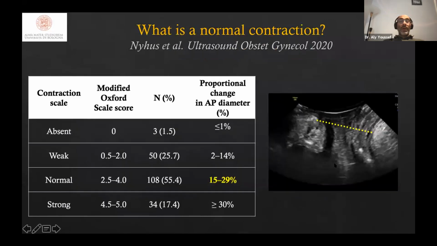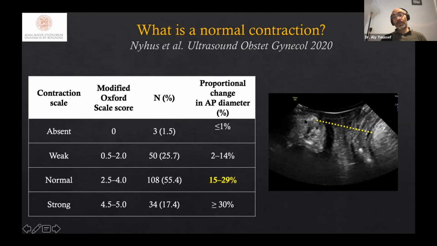And very recently, finally, we had a classification of normality. So what is a normal pelvic floor muscle contraction? We now know that when you ask a woman to contract her pelvic floor, in case of a normal contraction she should be able to reduce the anteroposterior diameter of the levator hiatus, which goes from the lowermost part of the symphysis pubis to the most protruding part of the puborectalis muscle.